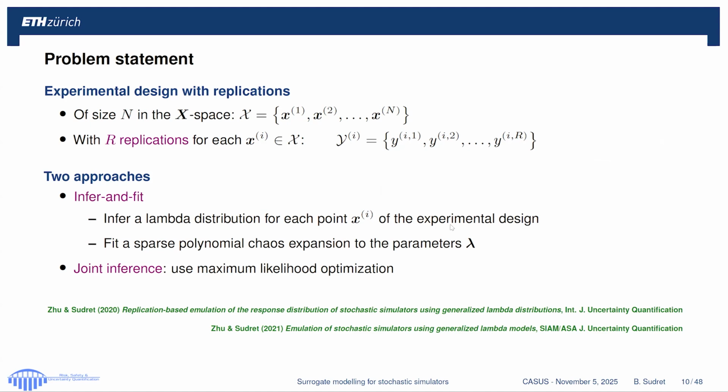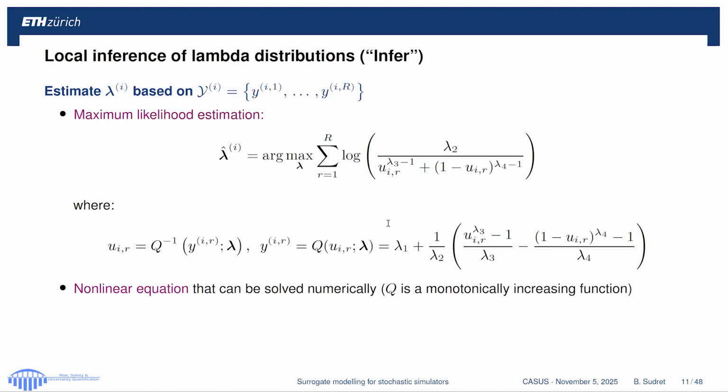Now I do this at many x's, and basically I have an experimental design that for each x gives me the 4 lambdas corresponding to the distribution. Because of the parametric shape, I replace the distribution, which is a complex object, by just 4 parameters depending on x, and then I just have to fit those things.